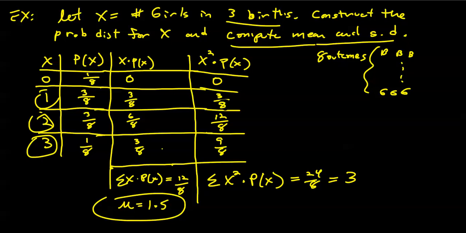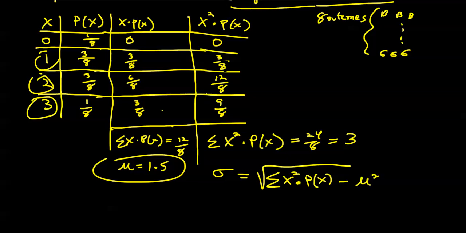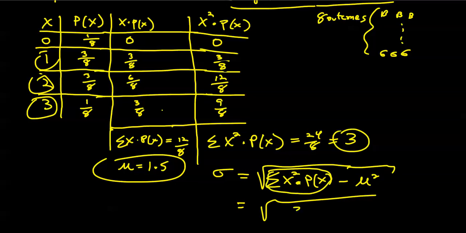Alright, so I'll now go to my standard deviation formula for a probability distribution. It's the square root of the summation of x squared times p of x minus the previously computed mu squared. Alright, so this goes here. The sum of that fourth column is 3.